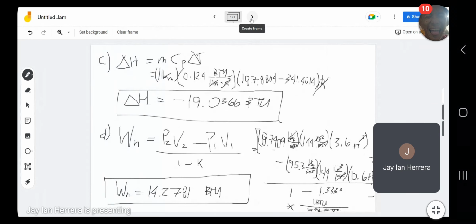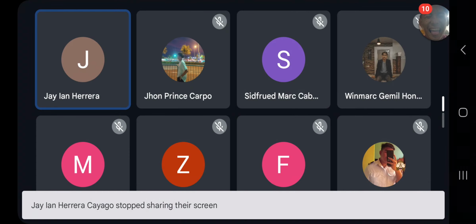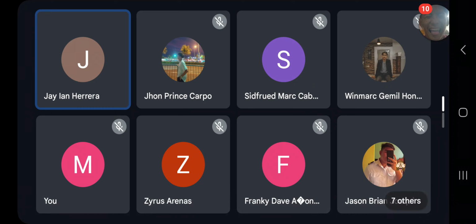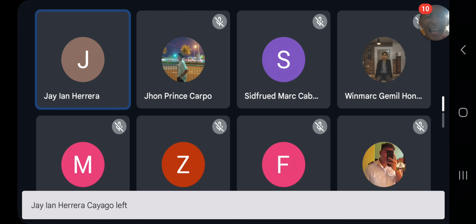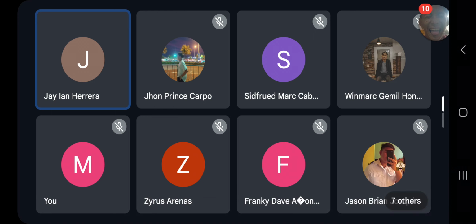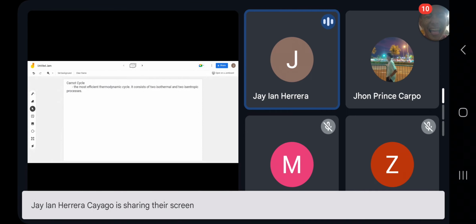And the last page. Okay, so let's go to thermodynamic cycles naman.